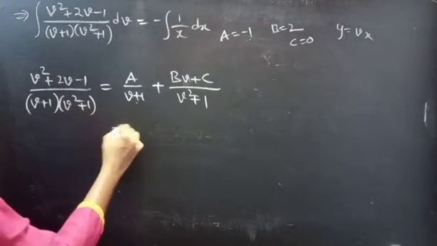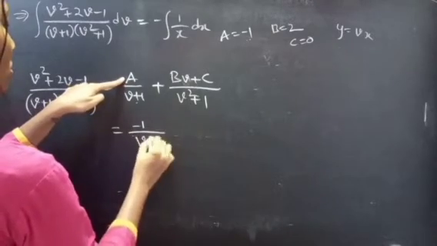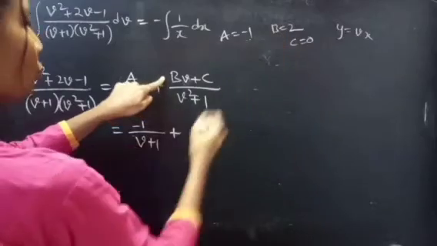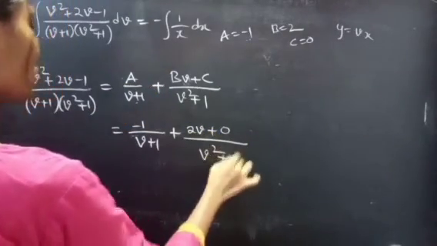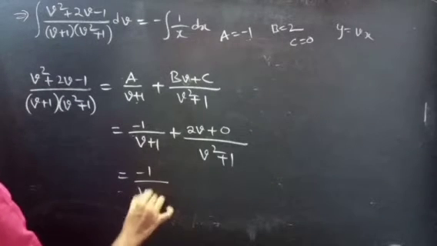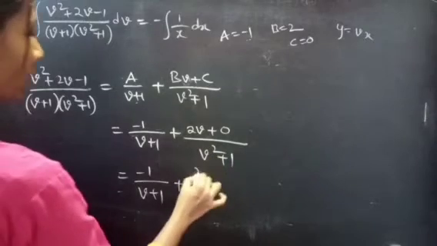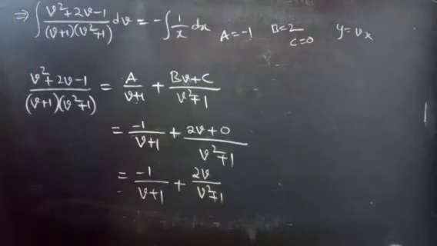Now let's substitute the unknown values. We'll get minus 1 by (v plus 1) plus, for b equals to 2, (2v plus 0) by (v square plus 1). This is equals to minus 1 by (v plus 1) plus 2v by (v square plus 1), right?